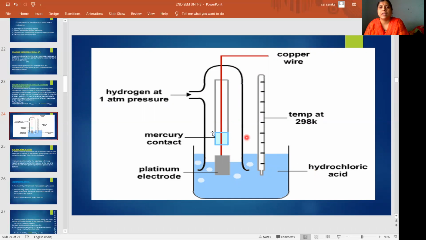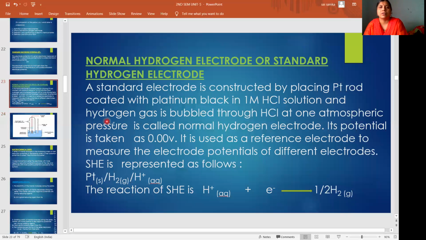Onto that we are bubbling hydrogen gas at 1 atmospheric pressure. Here we are maintaining a temperature of 298 Kelvin. This is the construction of the standard hydrogen electrode, and its potential is taken as 0 volts.